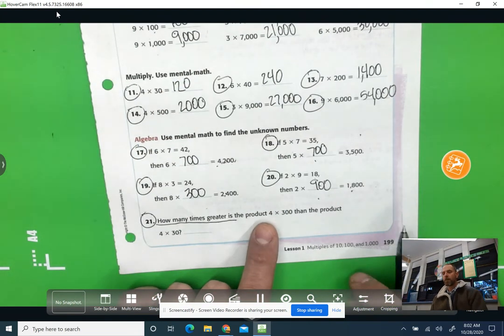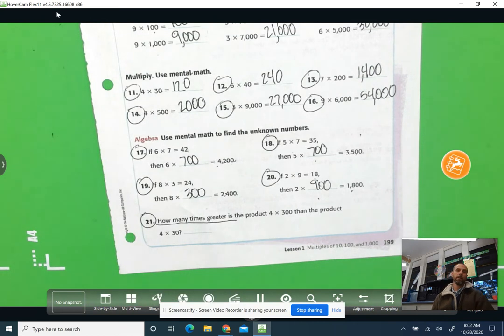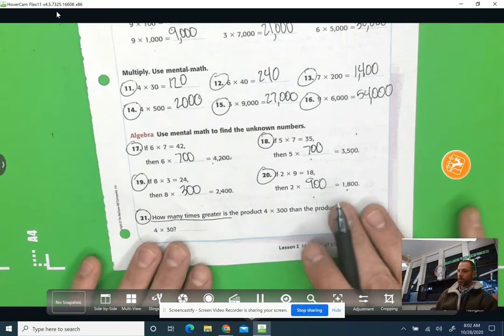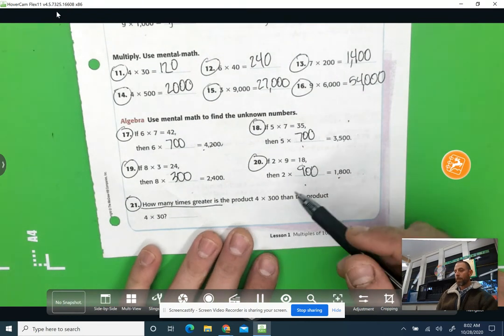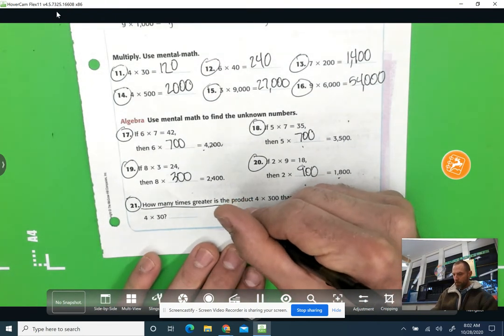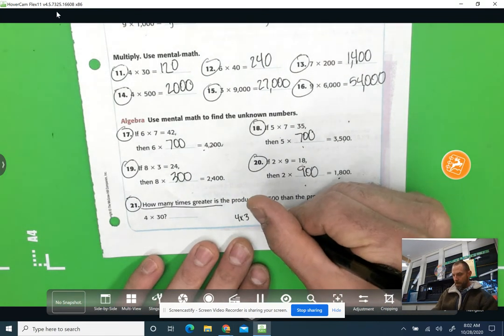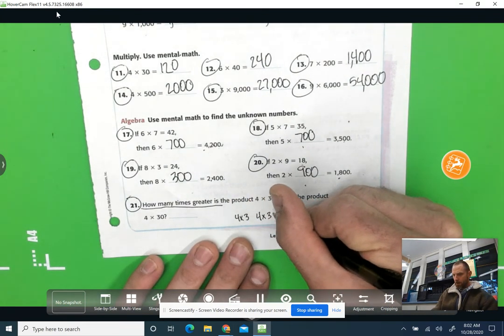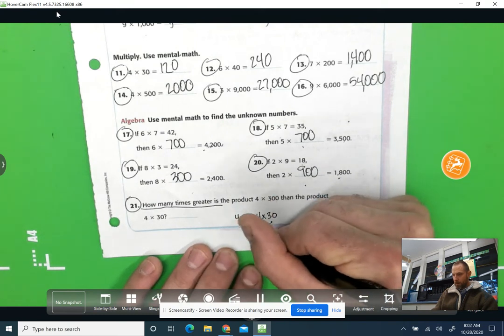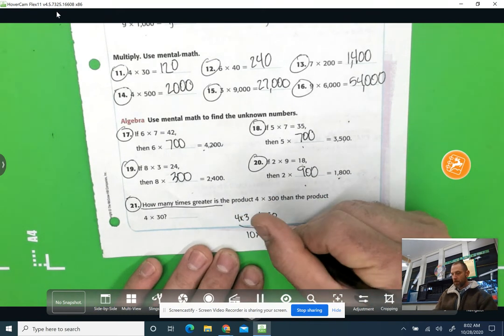Is the product of 4 times 300 than the product of 4 times 30? Well, if you have 4 times 3, and then you have 4 times 30, this is 10 times greater.